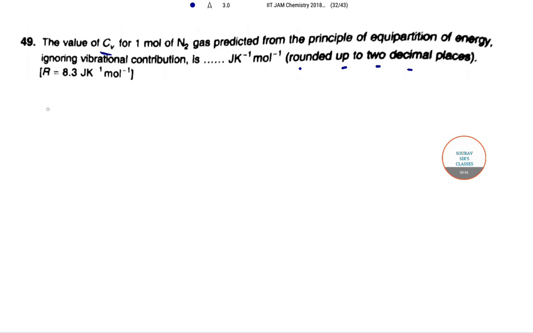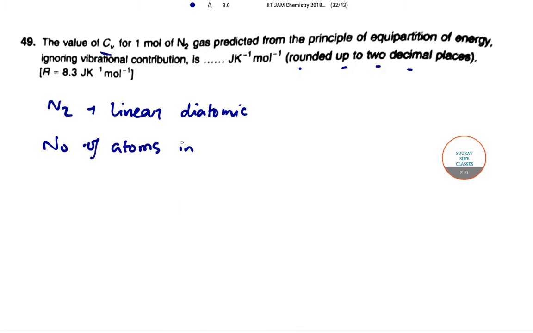So starting, we know that N2 is a linear diatomic molecule. So the number of atoms in N2 will be equal to 2.